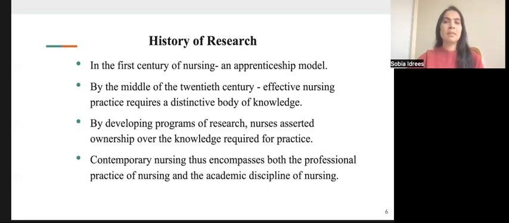By developing a program of research, nurses became assertive in utilizing their independent knowledge, and they were able to exercise power over their practice. Thus, contemporary nursing started, and that requires the professional and academic discipline of nursing.